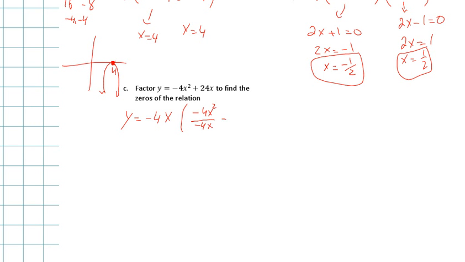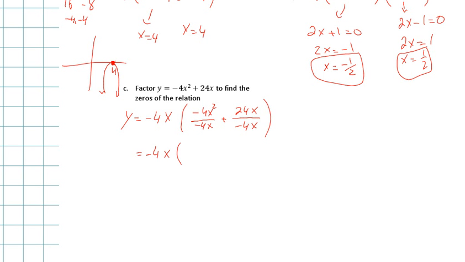Okay. What do I have leftovers? So what would it be? What's negative 4x squared divided by negative 4x? Positive 1. Plus 1 what? X. Right?